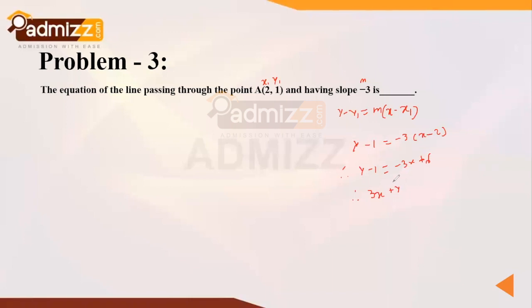So 3x plus y -6 minus 1, that is -7 equals 0, and this is our required equation. Let's have a look at the options. Yes, 3x plus y -7 equals 0. This is the answer. So option A will be the correct answer to the given question.